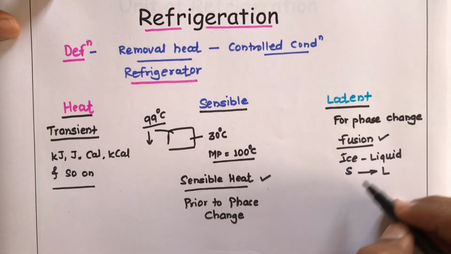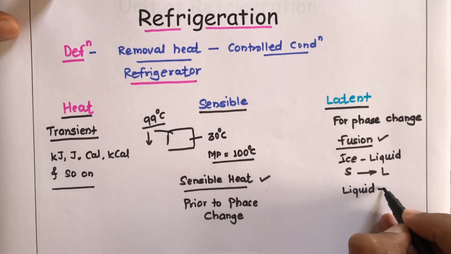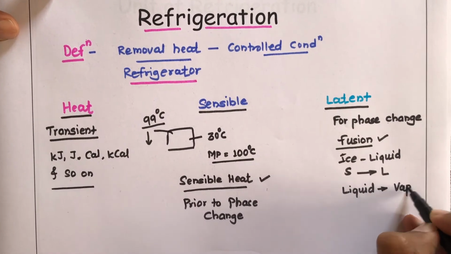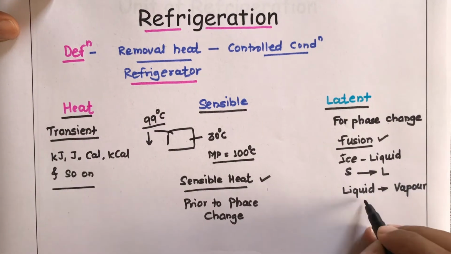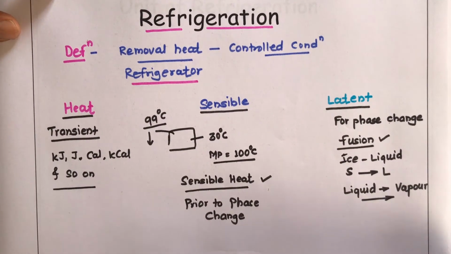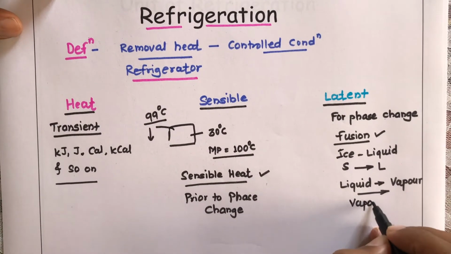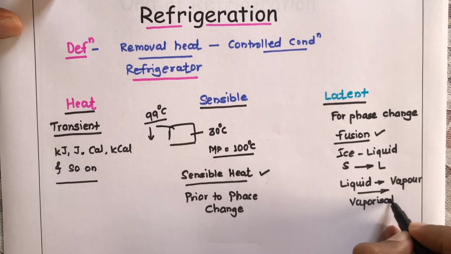Now let us take this example further. If I have to convert this liquid water into vapor, for this phase change also some heat must be absorbed, and that heat is called latent heat of vaporization.